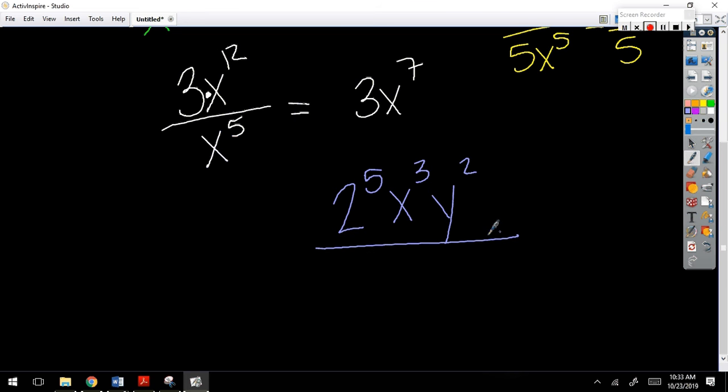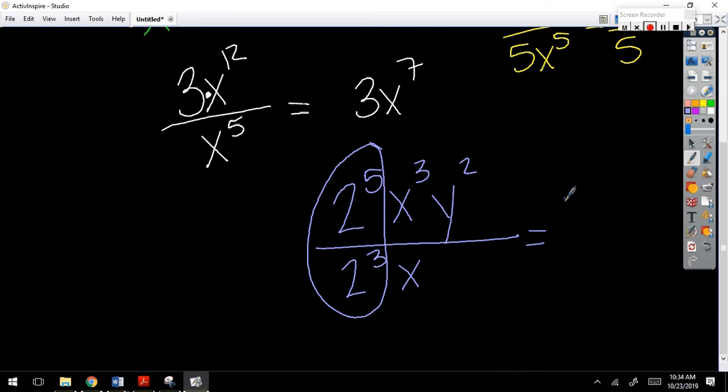Is this negative x? No, this is the same thing. How might that simplify? You're going to get just the like terms together, right? What does that become? x squared? How do you know it's x squared? I don't see an exponent here. It's a 1.